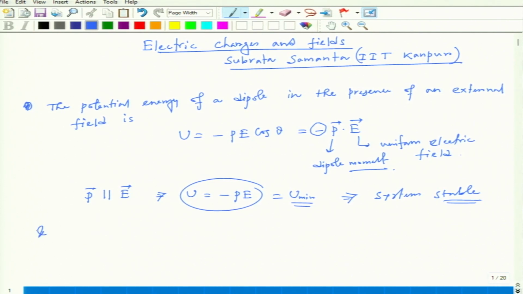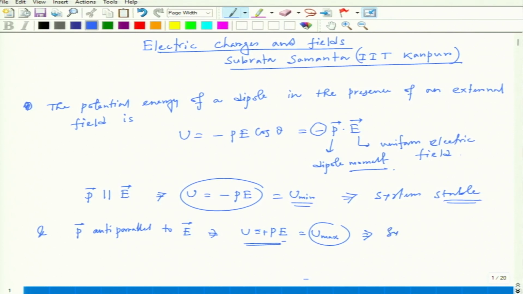And in the opposite case, when P is anti-parallel to the electric field vector E, then U is plus P E. This is the maximum value of U, so the system is unstable.